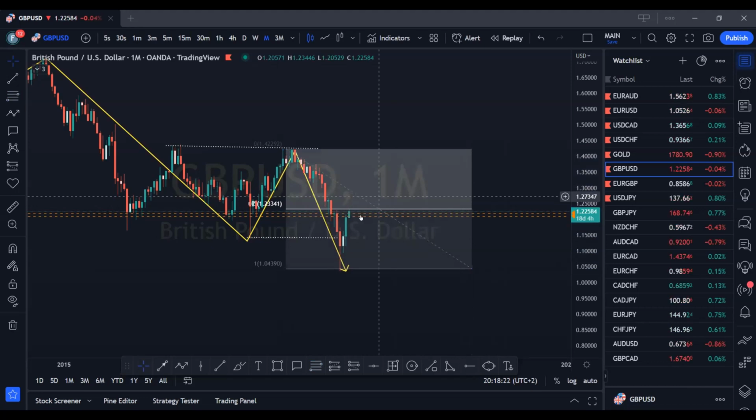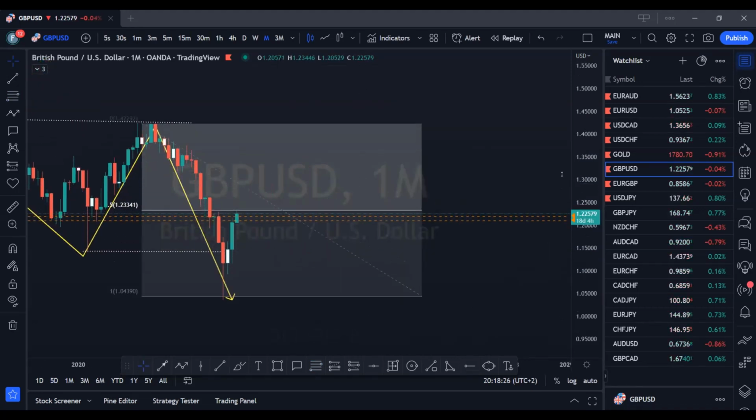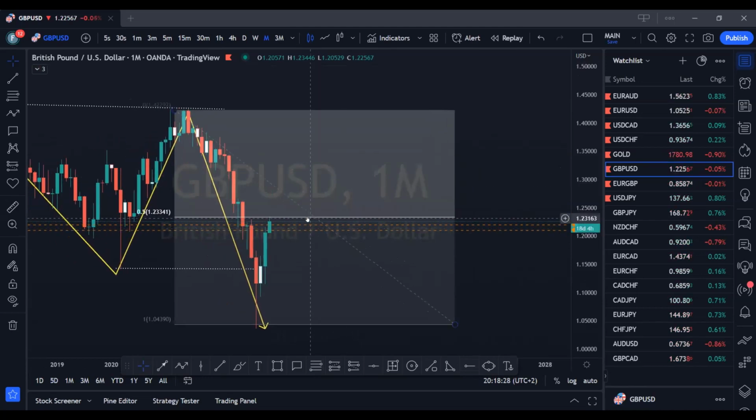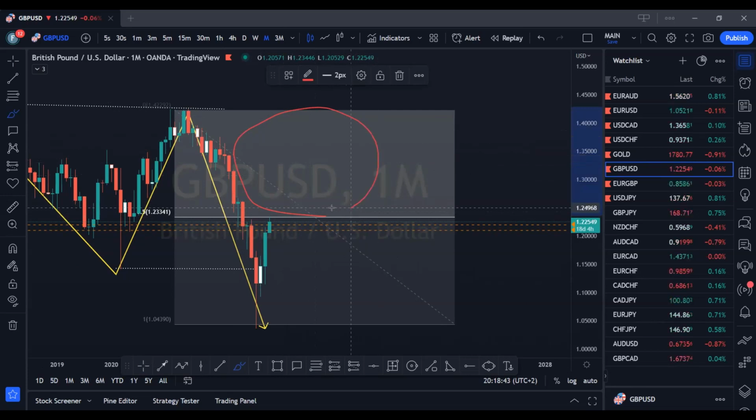The premium on this particular move is anywhere from 50% here. So price is already at 50% in the Fibonacci. Anywhere within this zone is a good zone to look for sell opportunities.